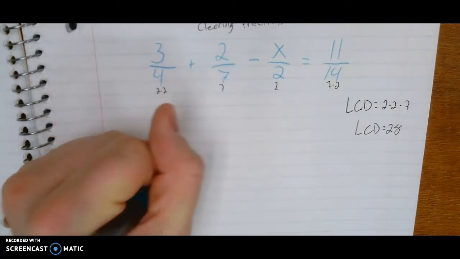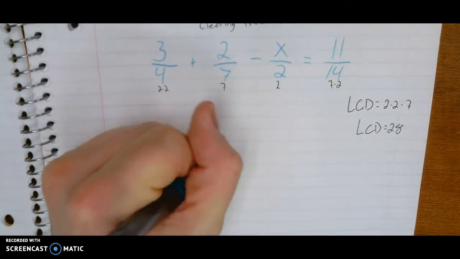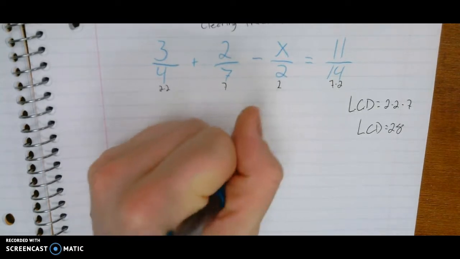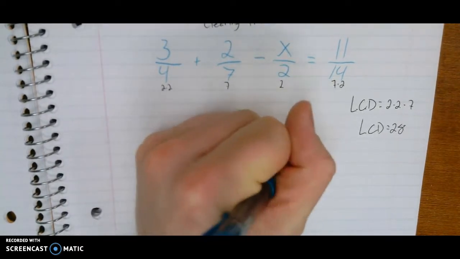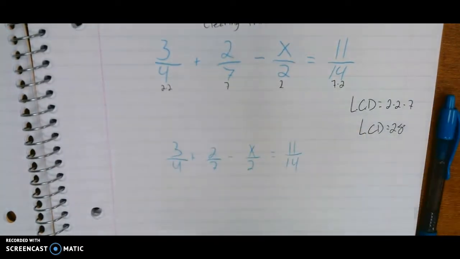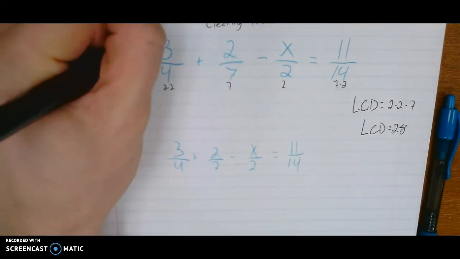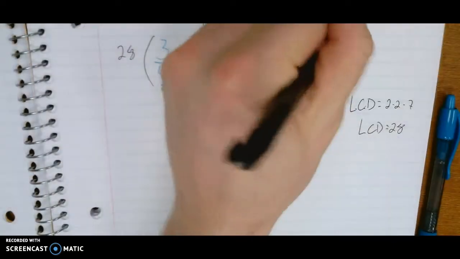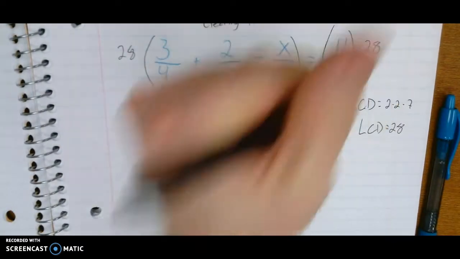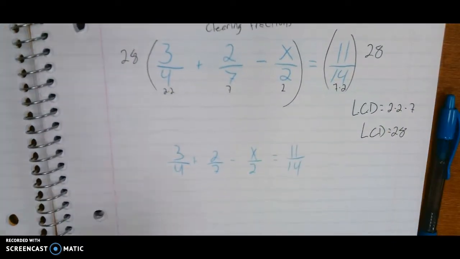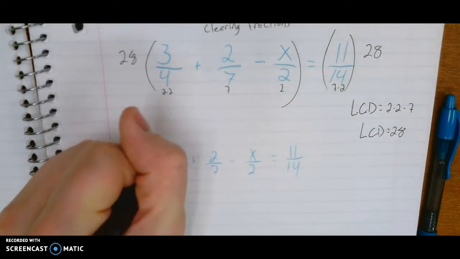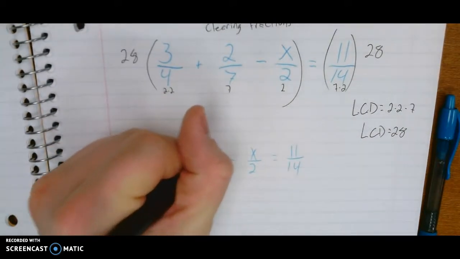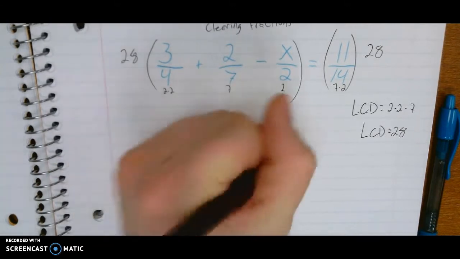So let me rewrite the equation. 3/4 plus 2/7 minus x halves equals 11/14. And essentially what I'm doing is I'm multiplying everything on the left by 28 and everything on the right by 28. So if I do that, I'm multiplying technically the numerators here. So everything's going to get multiplied by 28.